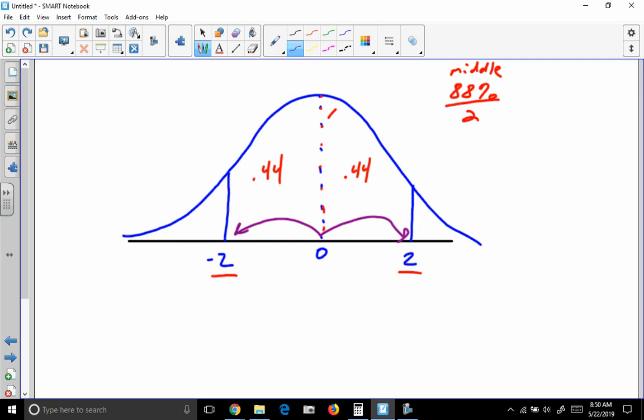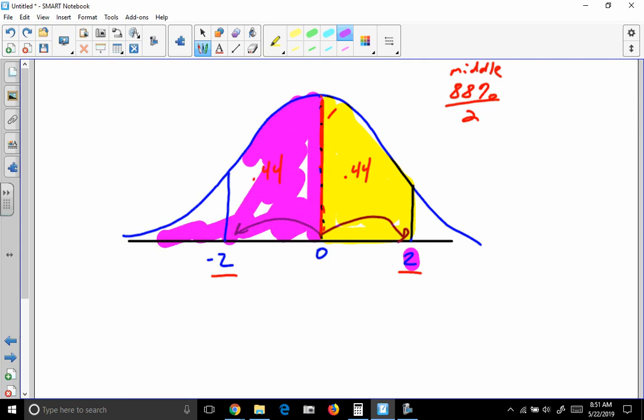Now we can go about this in several different ways. Let's do it this way. We know that this area is 0.44. While our problem is not including everything over here, if we want to know this z value, we need a total area from here to the left. So we would also need to know all of this.